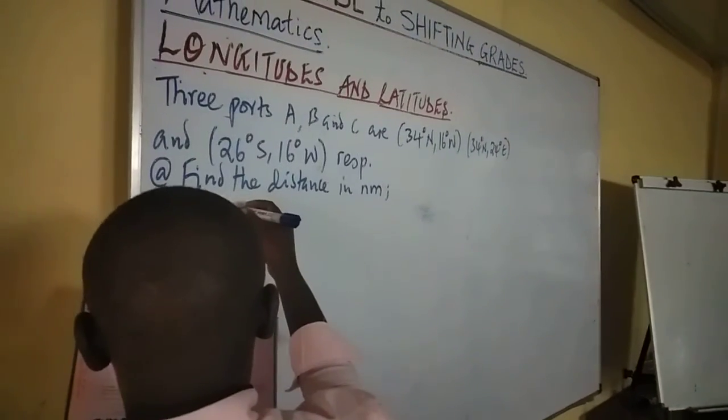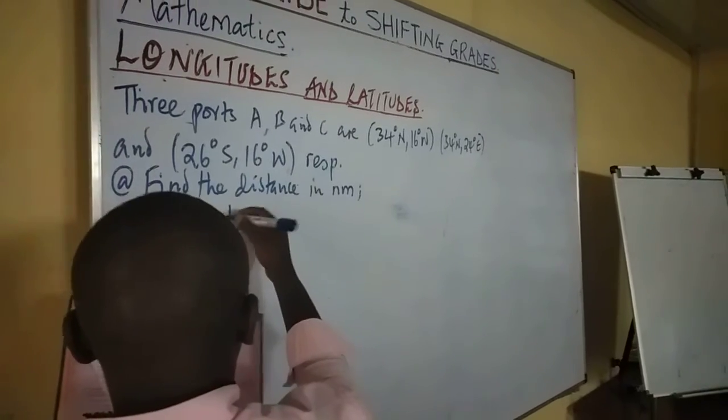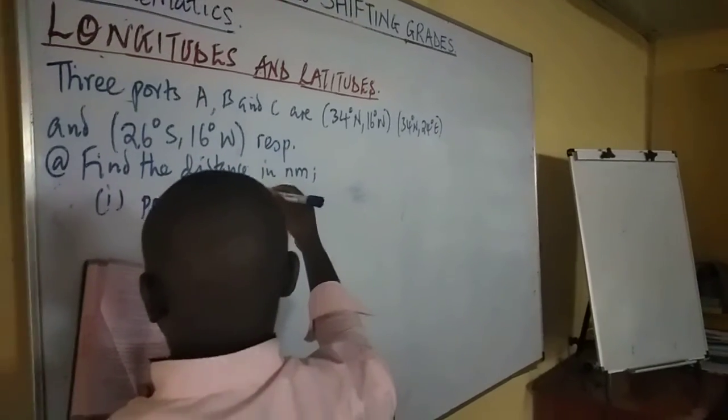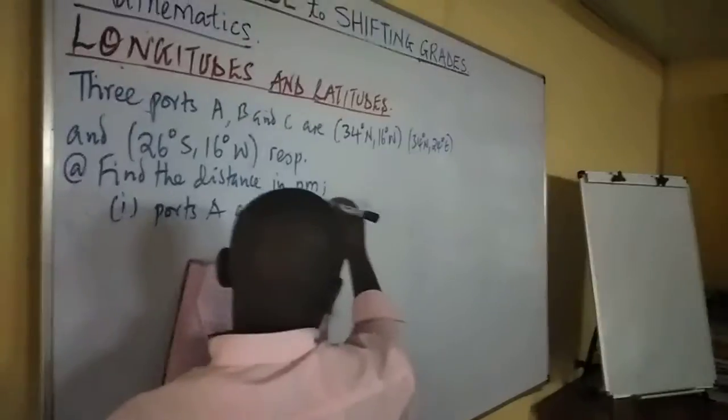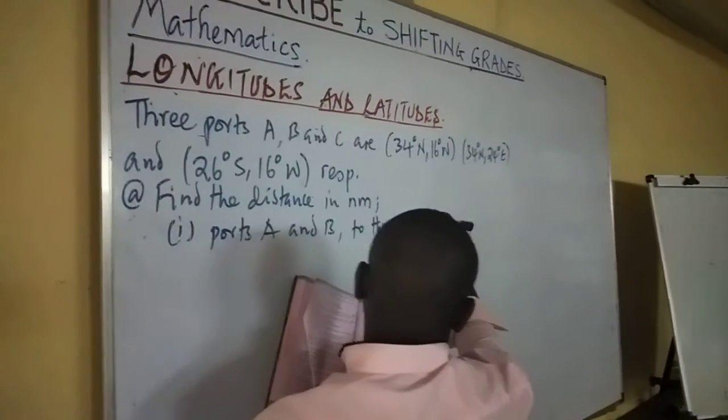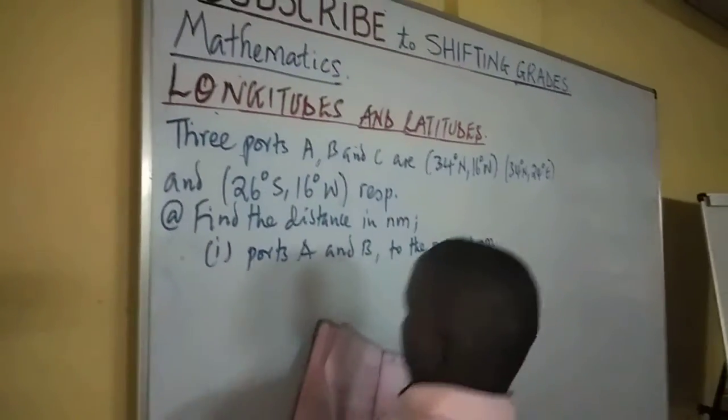Part A: ports A and B, to the nearest nautical mile.